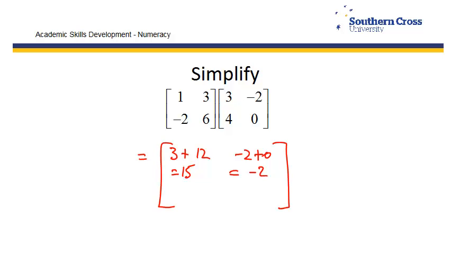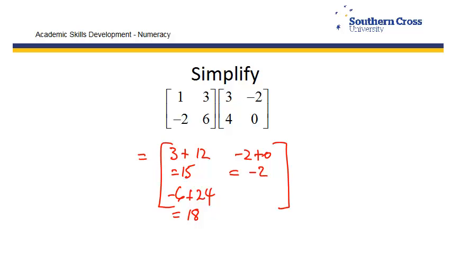Then, to find the number that goes in the second row, first column, we need to multiply the second row by the first column. So negative 2 times 3 is negative 6, plus 6 times 4 is 24, so that comes out at 18.